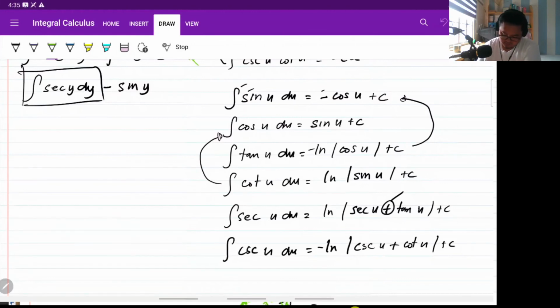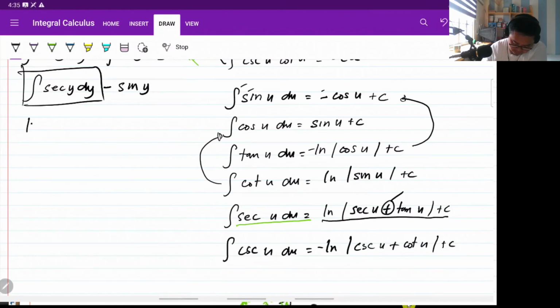So we can now answer this one because we have this already. The integral of secant y dy is just equal to the integral of secant u du. Replacing u with y, we can have this formula.